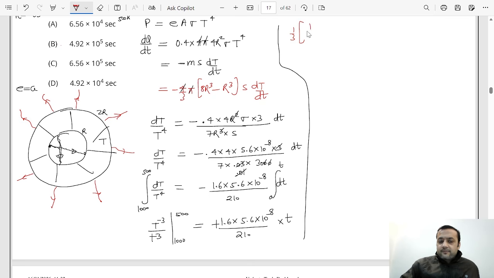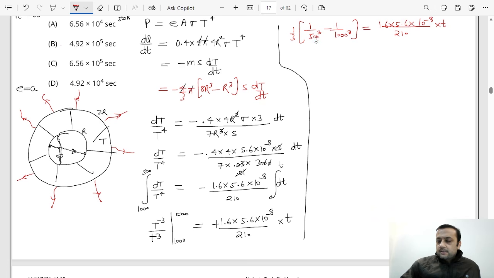This will be 1 upon 500 cube, minus 1 upon 1000 cube, and this will be equal to 1.6 into 5.6 into 10 to the power minus 8 upon 210 into time. All right, now what you can do, you can send 100 cube from this side, so 100 cube will become 10 to the power 6.